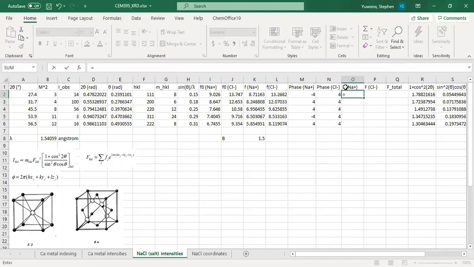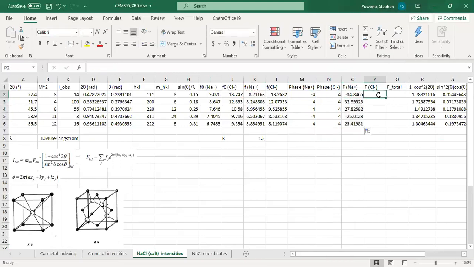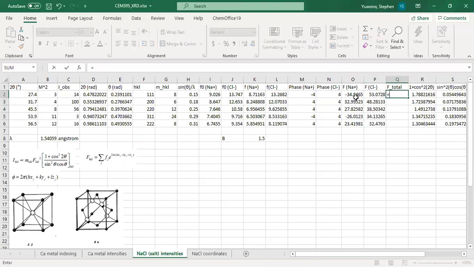So now if I do the capital F for sodium plus, it's just going to be the phase factor multiplying the scattering factor that we already got from the table and from the Debye-Waller coefficient. Now, for the chloride, we will have the same thing. Okay. So for the F total, now it's just the sum for the cation and the anion.